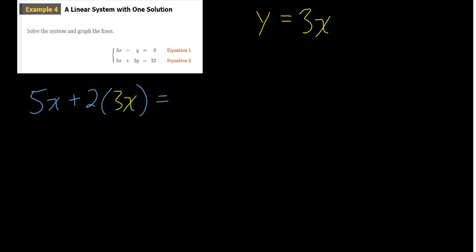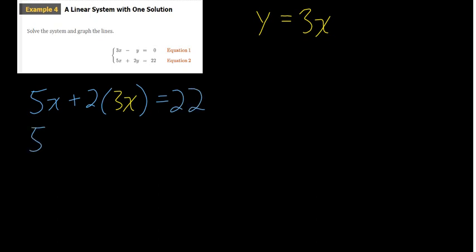Okay, so obviously, if I were to rearrange that top equation, I would get negative y is equal to negative 3x. So therefore, y would be equal to a positive 3x. Okay, and so I'm going to plug that into my second equation. So 5x plus 2 times 3x is equal to 22.